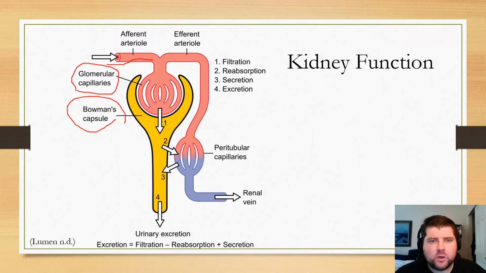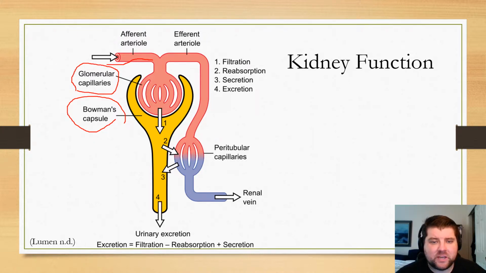And then the blood comes out to the efferent arteriole, and there's going to be some reabsorption, and there's also going to be secretion, telling the kidneys and the urinary tract how to respond, maybe from some hormones.